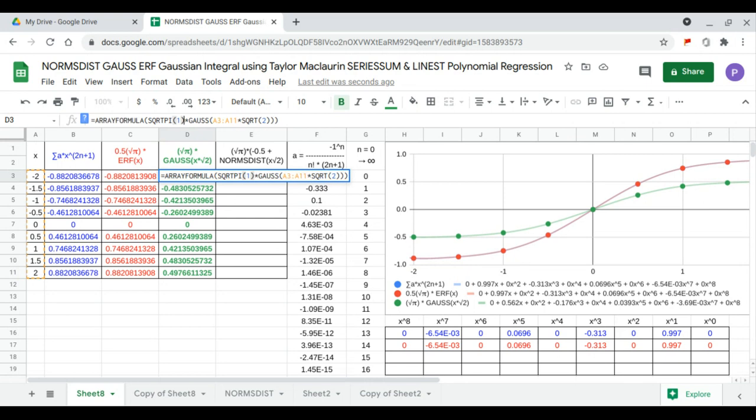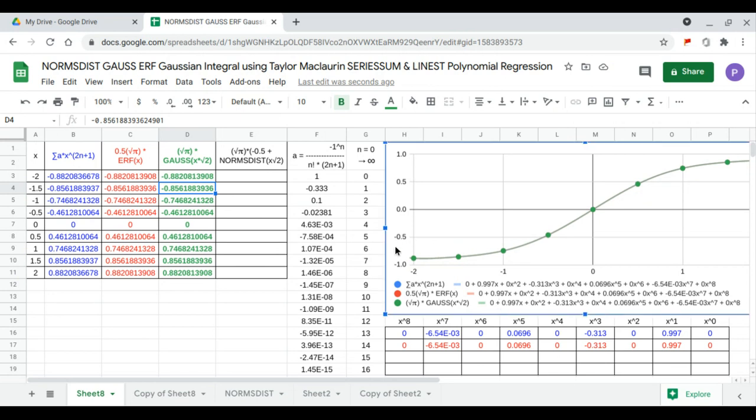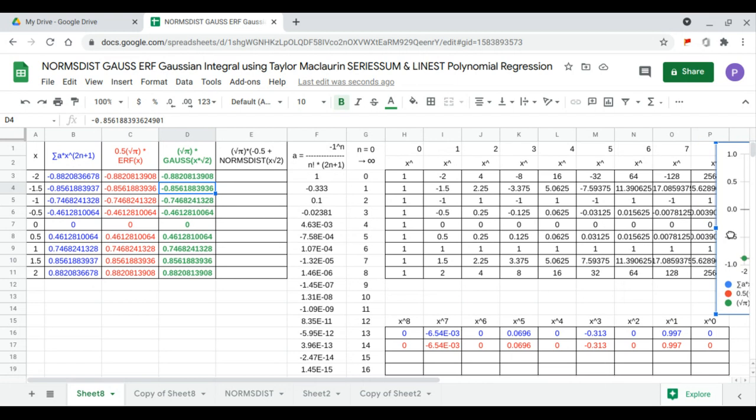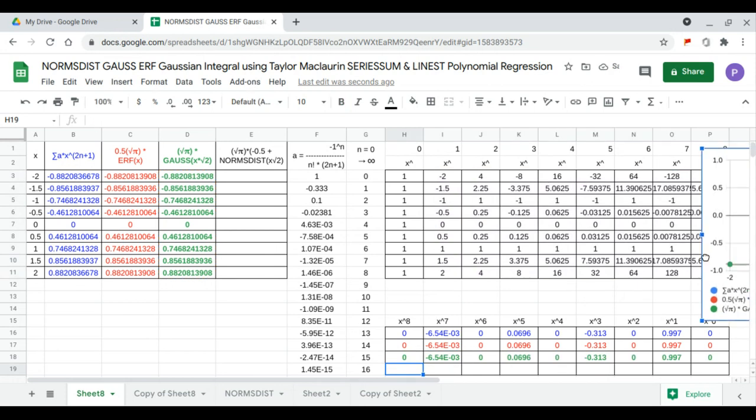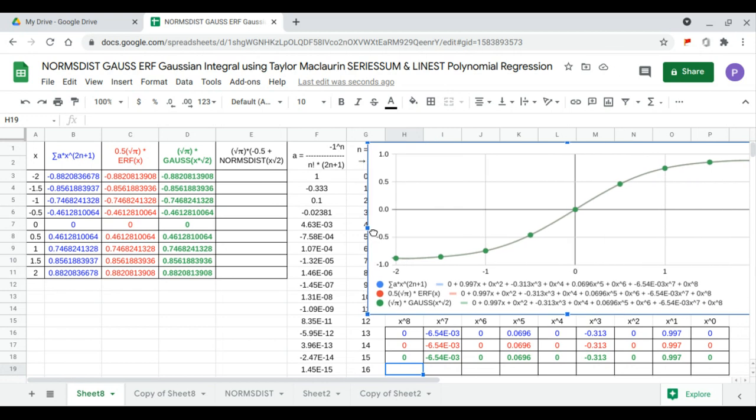And they're all on the same trend line. And the polynomials are also the same. We calculate these polynomial regression coefficients using LINEST. So this will be equal to LINEST data y and data x. And we get the same regression coefficients.